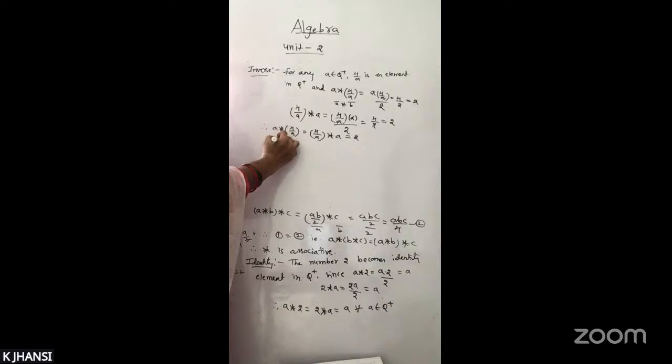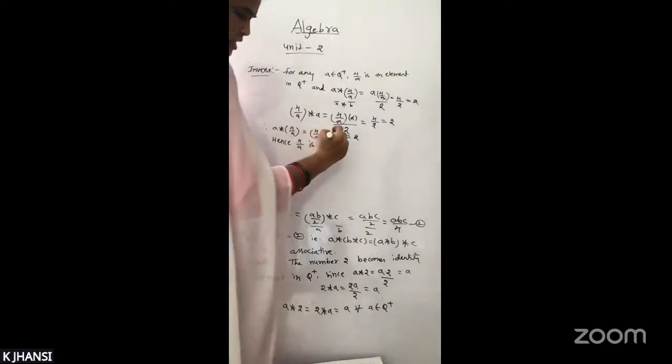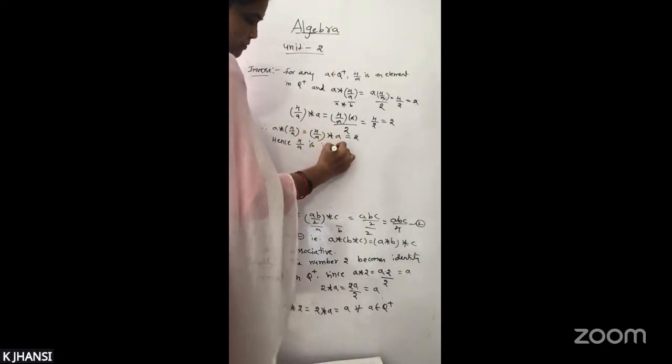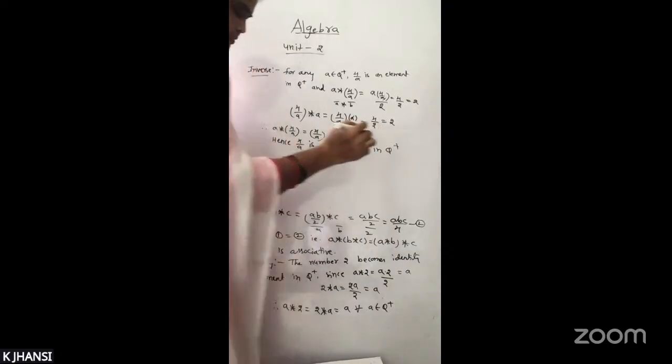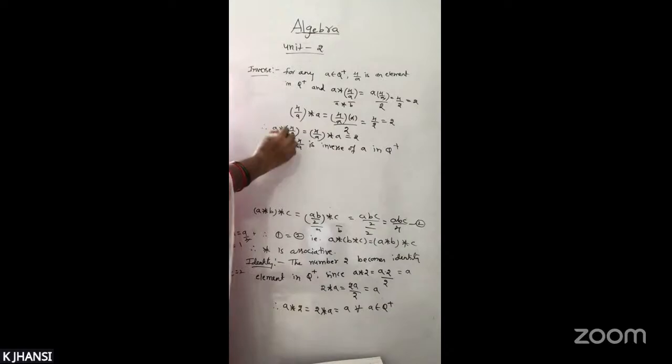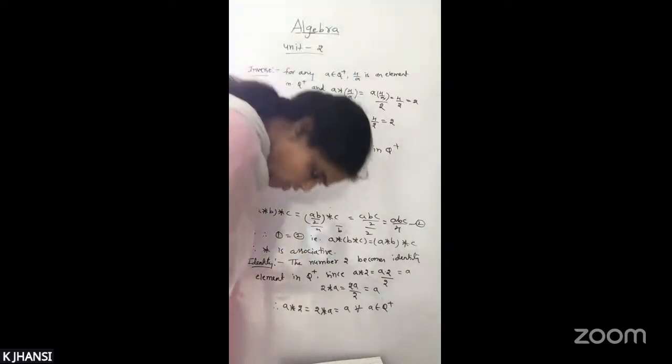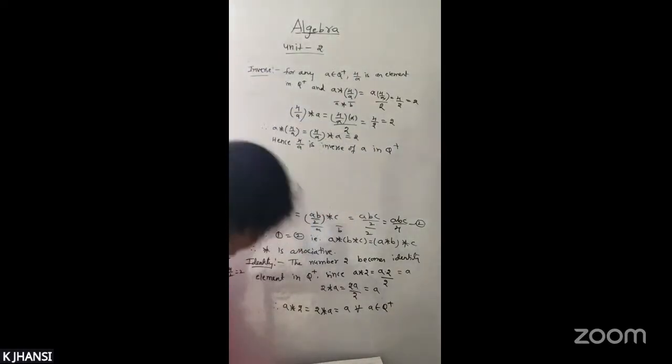Hence 4 by A is the inverse of A in Q plus. Okay. So 4 by A is called the inverse of A in Q plus.